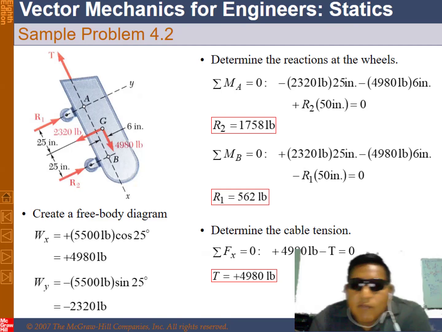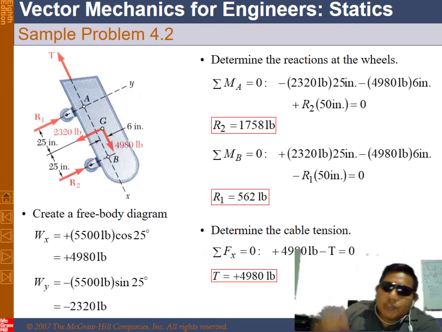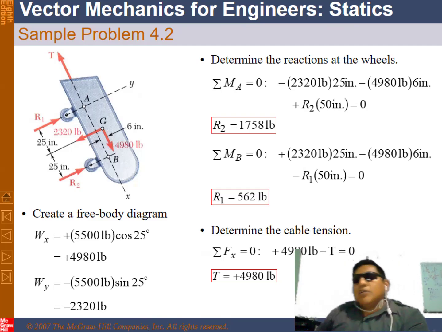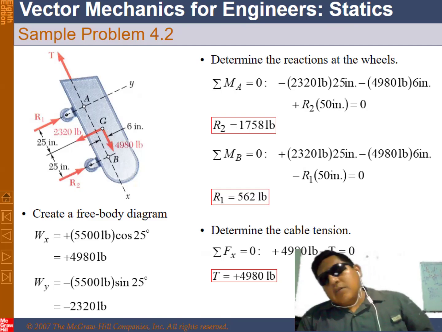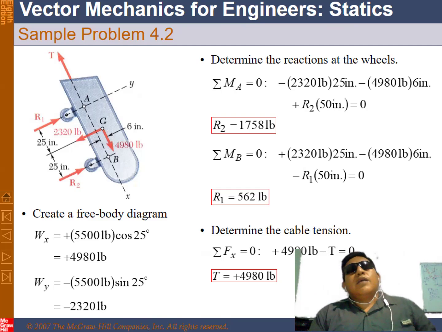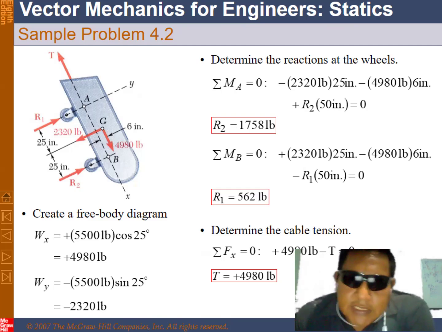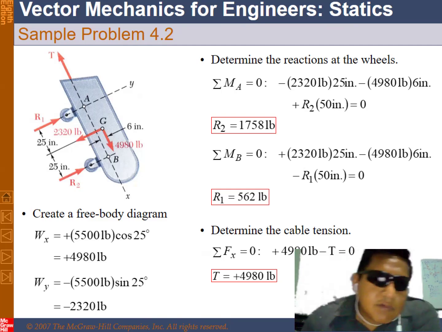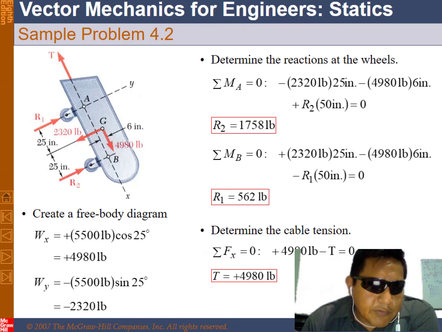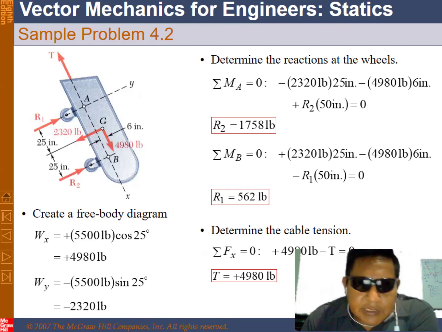Summation of moments about point B is equal to 0 plus 2,320 pounds times 25 inches, minus 4,980 pounds times 6 inches, minus reaction number 1. Reaction number 1 is the unknown variable you can find in this exercise.